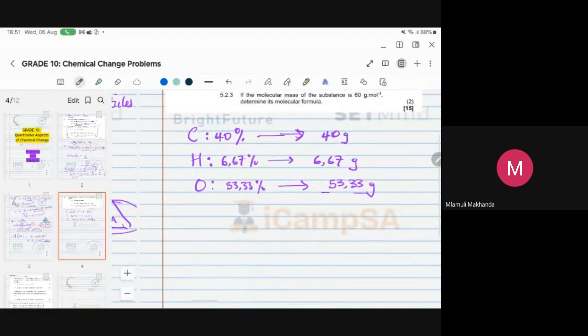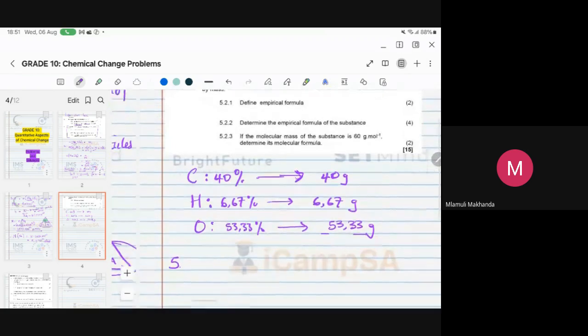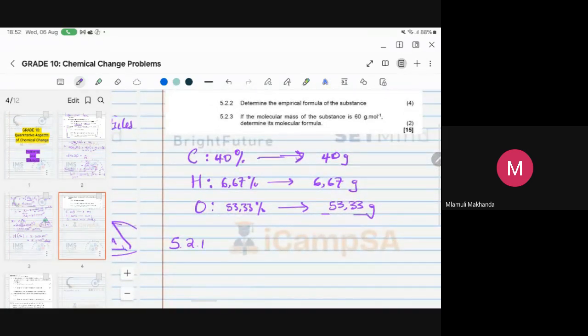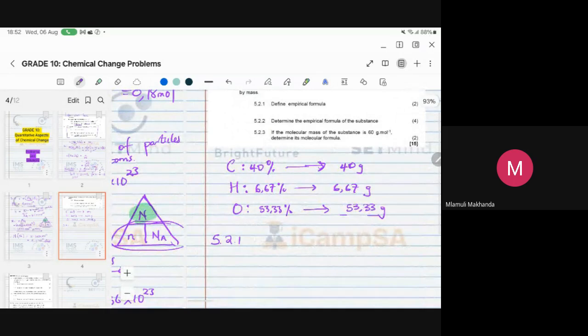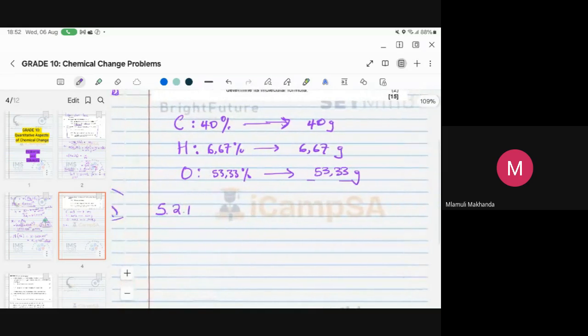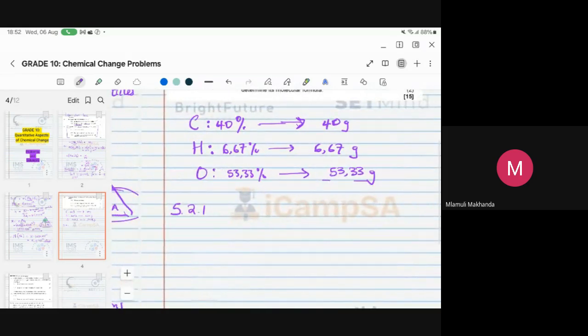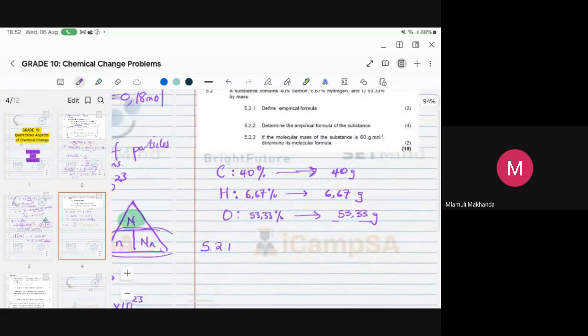Now, let us define what empirical formula is. 5.2.1. So empirical formula, remember we said it's just the simplest whole number ratio of atoms in a compound. If you don't remember that definition, you must make sure you memorize it because they want it as is in an exam.